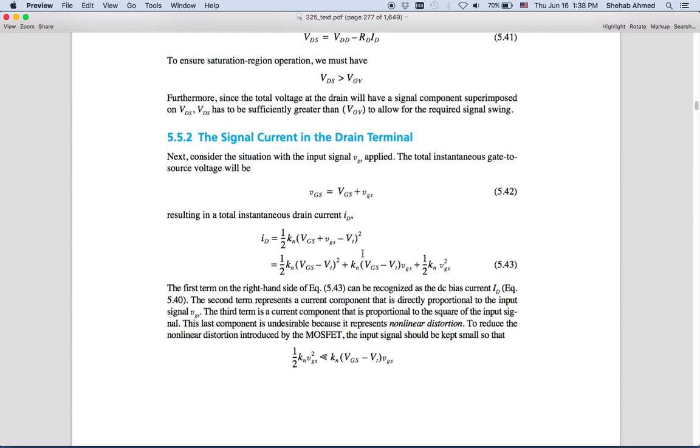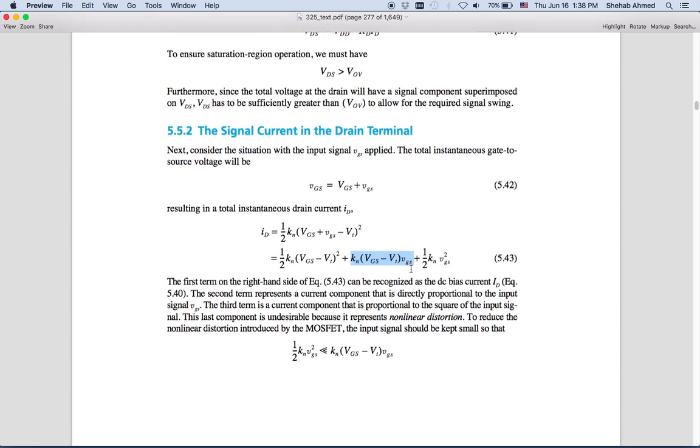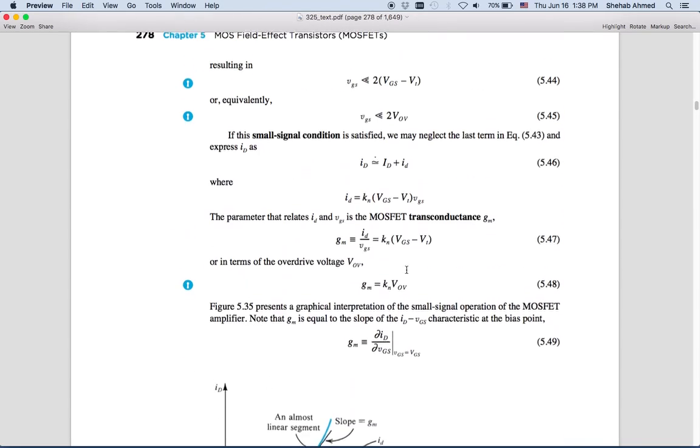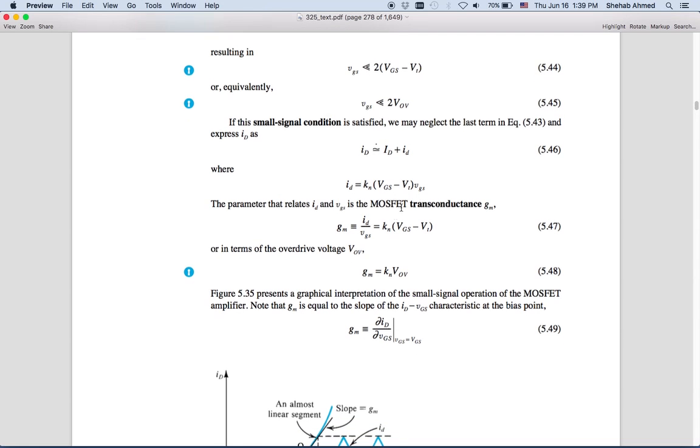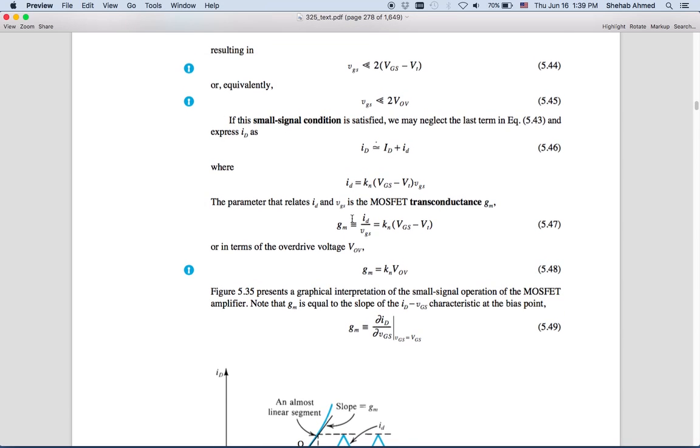We looked at this a little bit more closely on this page, and we concluded that the relationship between ID small signal and VGS small signal is this transconductance GM. This is the gain between a certain gate to source voltage and my output current. I would like to create an output voltage. So what did I do?